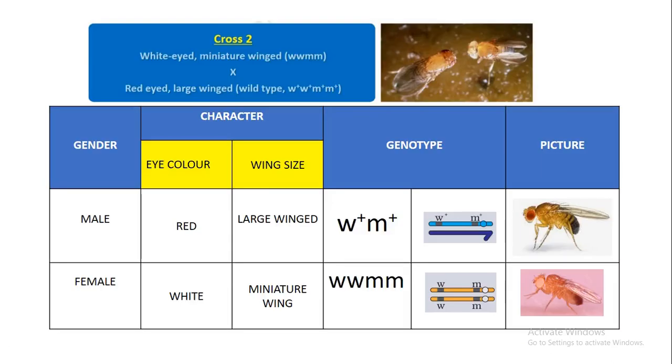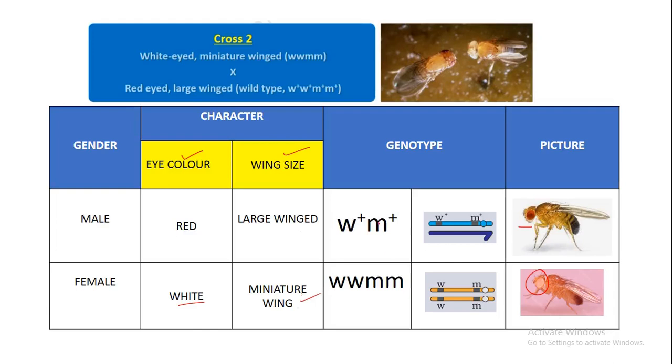This cross 2 is also the same kind. Here they have taken the characters eye color and wing size. The male's features are: eye color is red, and wing size is large winged. Okay, the wing is large. And in the female, the eye is white color, and the wing is miniature wing. The wing will not be well developed, it will be very short.